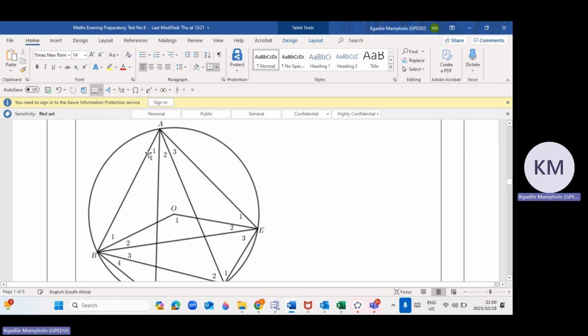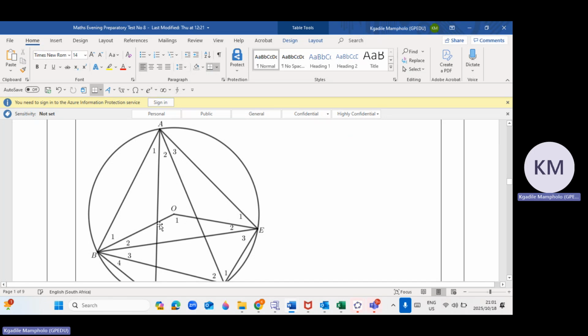But now we know that the angle at the center is twice the angle at the circumference. So O1 is 140, and A1 alone is 25, and A3 is also 25. They make 50.